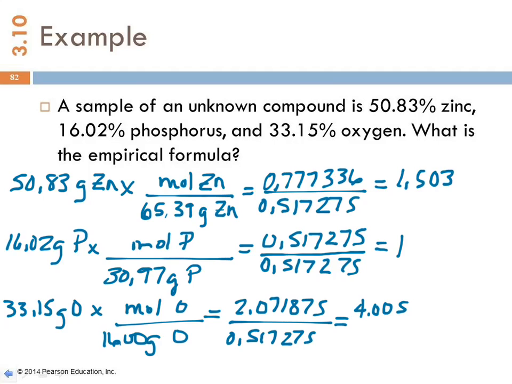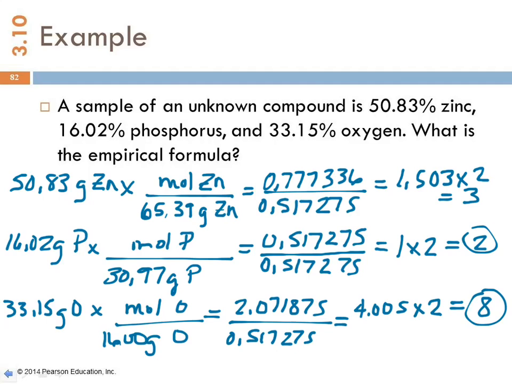And if we multiply one of them by 2 to get a whole number, to keep the ratio the same, we have to do it to all of them. So if we multiply 1.5 by 2, we're going to get 3, aren't we? And this one will multiply by 2, and that's going to give us 2. And this one times 2 will give us 8.